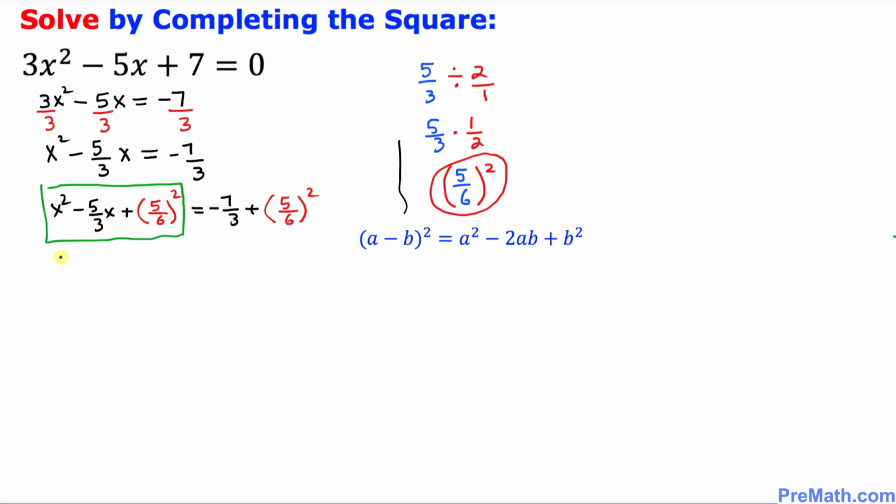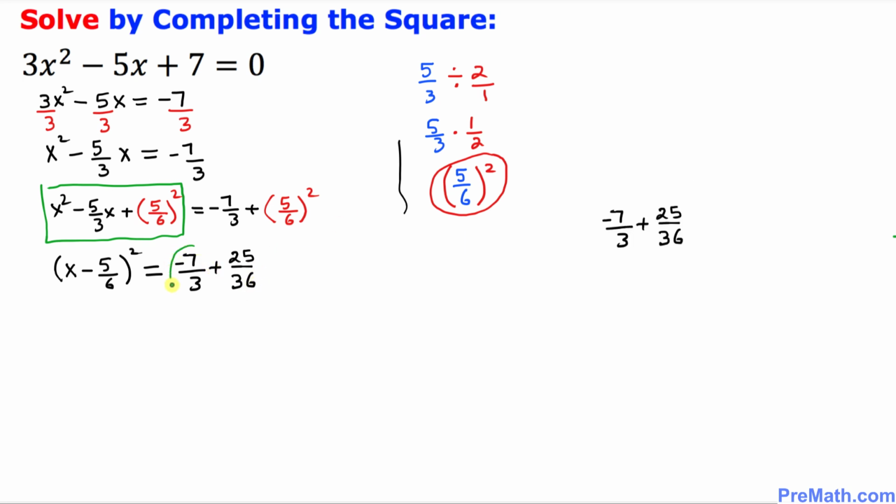So I can write this as x minus 5 over 6 squared equals, on the right hand side, negative 7 over 3 plus 5 over 6 squared, which could be written as 25 over 36.